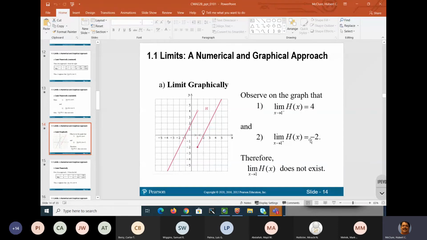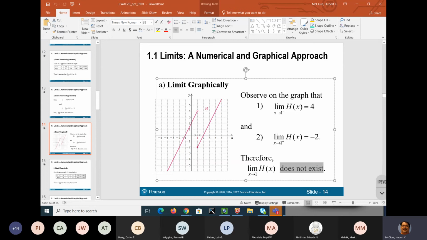I get -2. As I approach 1 from the left, I'm approaching 4. 4 does not equal -2, therefore what? The limit, what? Doesn't exist. Does not exist. Thank you. After the third time I went across it, thank you.